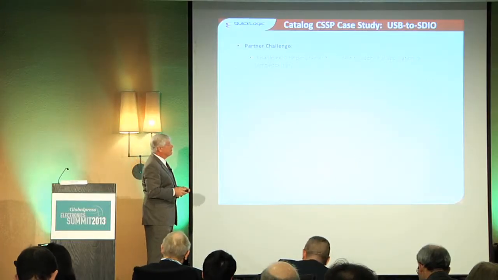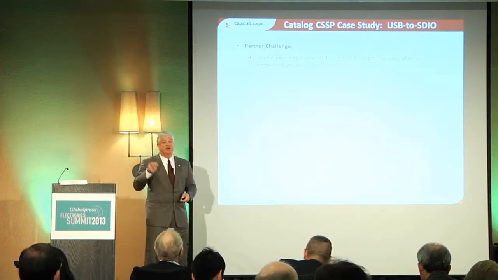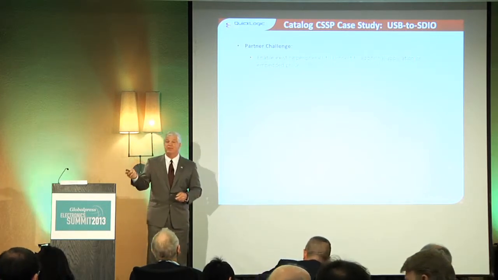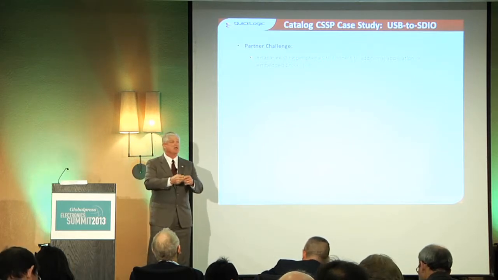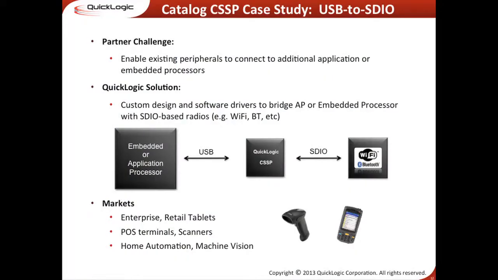The last example is kind of the reverse. There are many semiconductor peripheral people, and they want to be able to connect to all different types of application or baseband processor companies. We have 2 companies, we haven't really announced who they are yet, that make these Wi-Fi, Bluetooth, multi-integrated modules, and they'd like to integrate to any embedded or application processor.